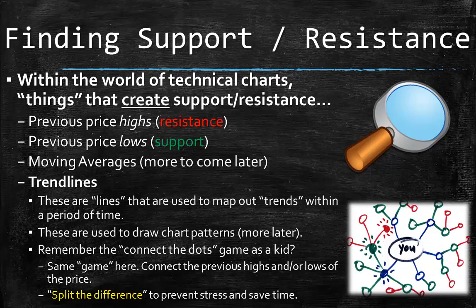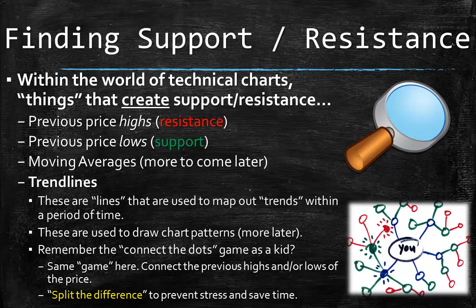Try to draw the line right through the middle of where the two conflicting points are, because what I've learned over the history of teaching and education is trend lines can stress people out, because they think, well, it's not quite right, what about that point? Should I draw it at this angle or that? Remember, they're just lines that are showing the overall trend, so you don't need to sit there and get gray hair or lose hair or anything like that.